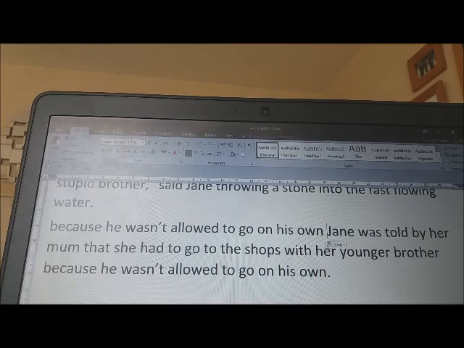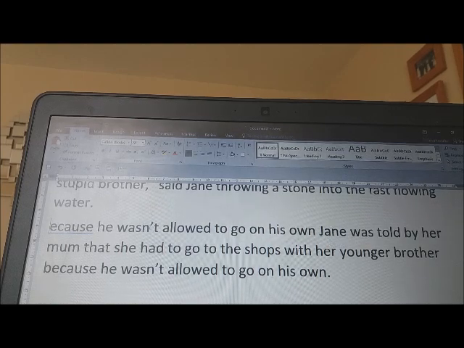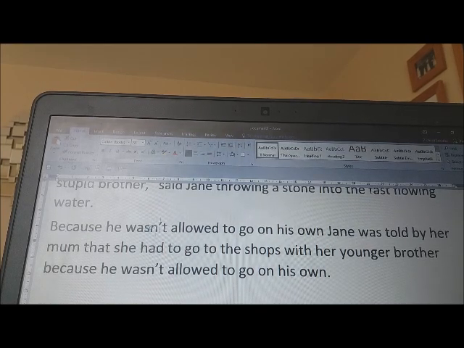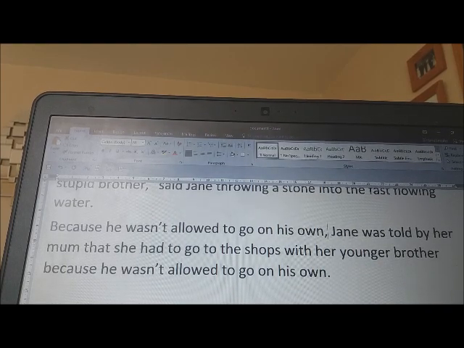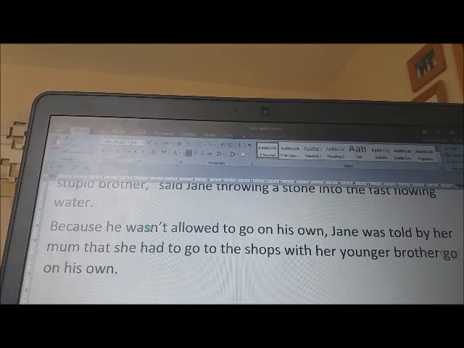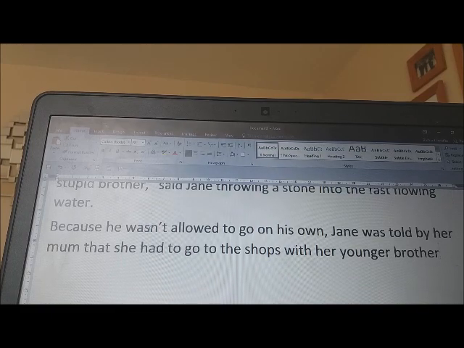The beginning of the sentence is now, because, capital letter, because he wasn't allowed to go on his own, comma, Jane was told by her mum that she had to go to the shops with her younger brother. And we don't want the rest of that because that's there.